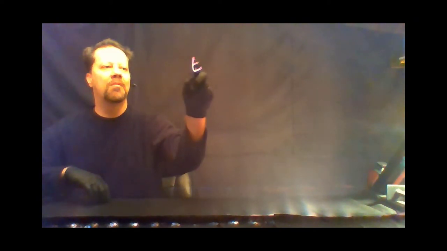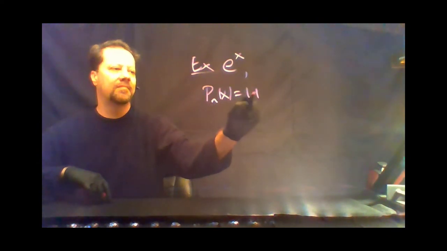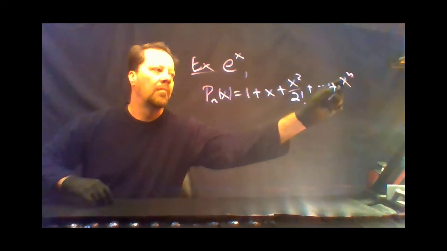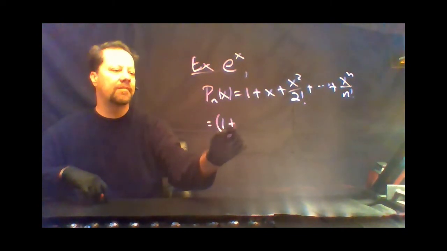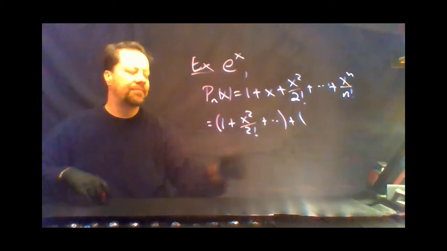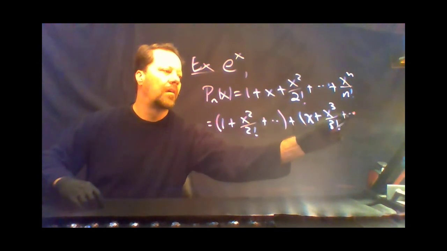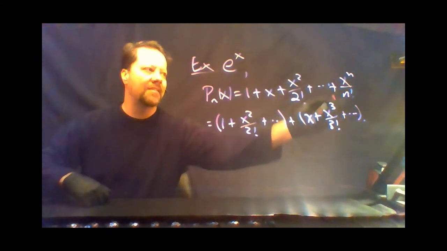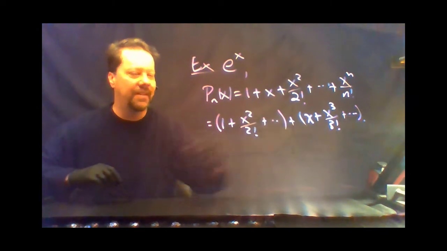Returning to our Maclaurin polynomials for e to the x, you see that we can decompose this into an even part. This will stop someplace. And the second term is odd and also terminates someplace. Depending upon whether n is even or odd, that term will be here or here.